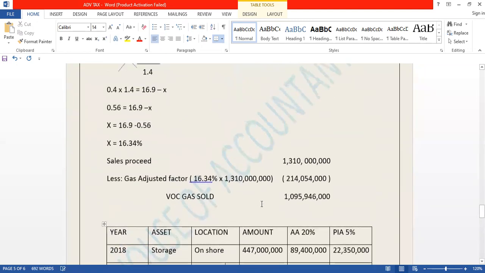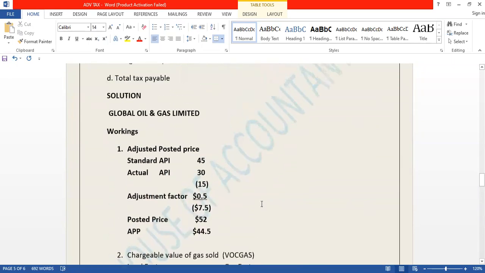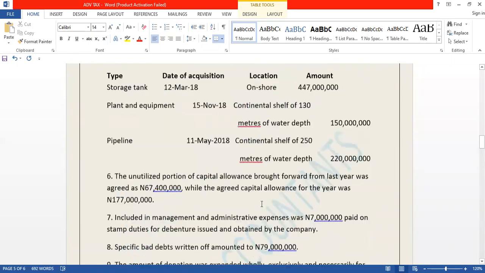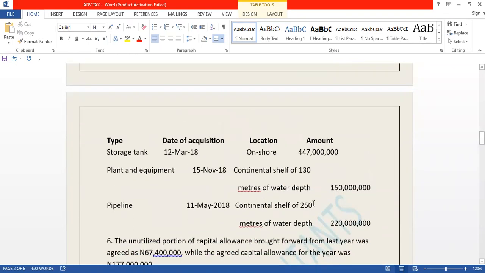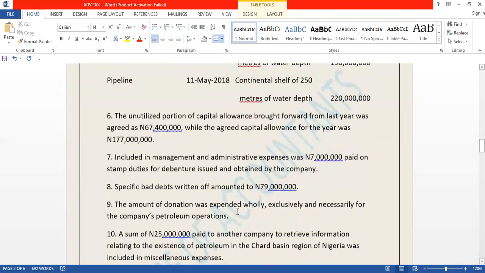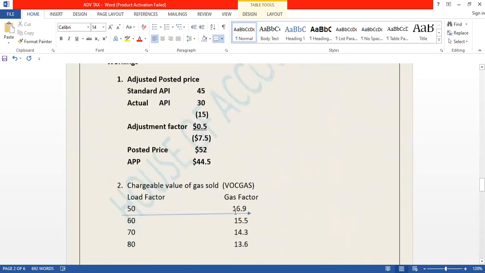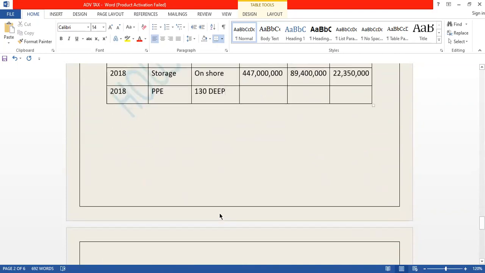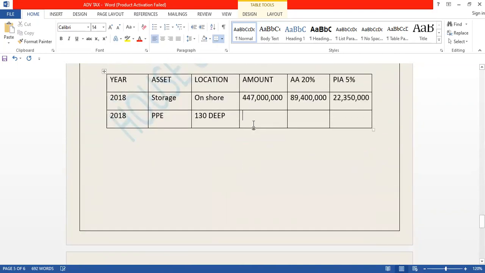Then the amount. What is the amount of that figure? We have 150 million. So we just have to do this vital calculation before we start going into posting of this item. So 150 million is what we have.